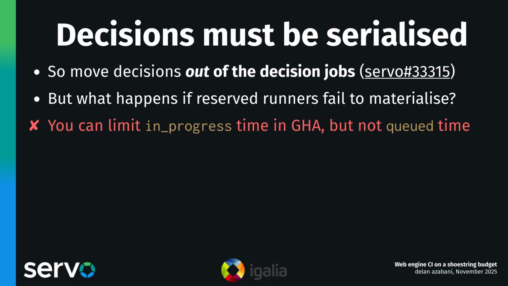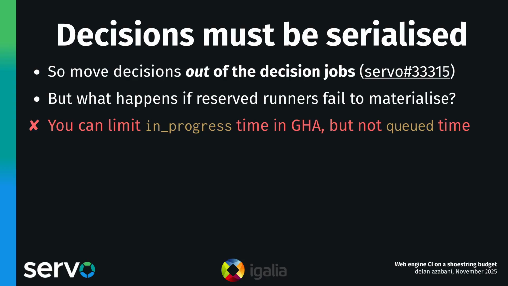And we wanted to solve this by setting a time limit on how long a job can be queued for, because if it can't actually get a runner in practice, it will get stuck in that queued state indefinitely.